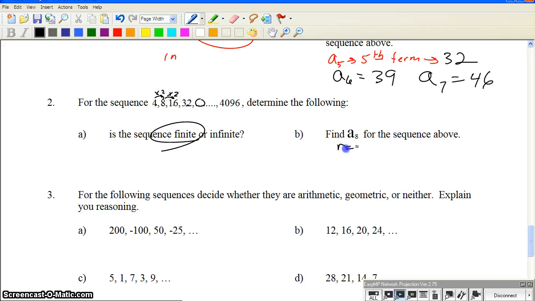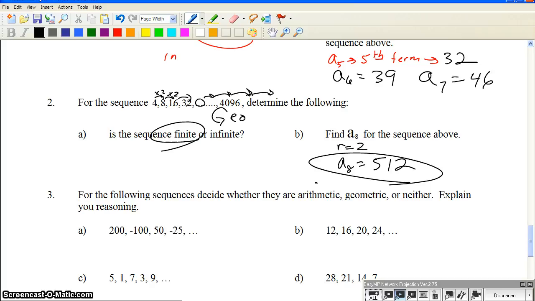So that means the common ratio is 2. And this is a geometric sequence. Finite geometric. There are dot, dot, dots in it, but they're in the middle, and there's an end number, 4096. So what would the 8th term be if we keep the pattern going? A sub 8 is 512. Yep.